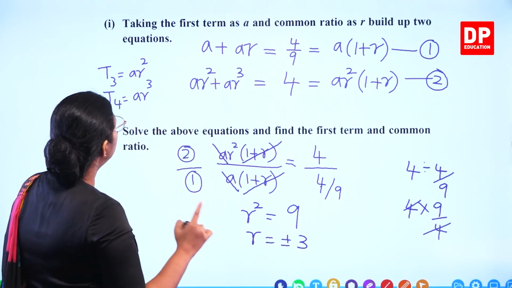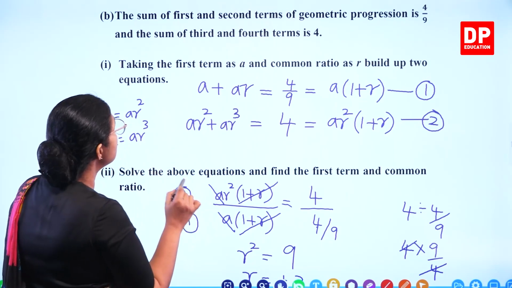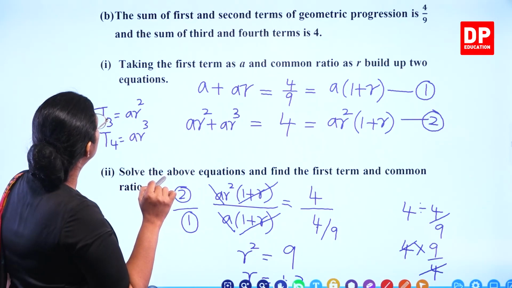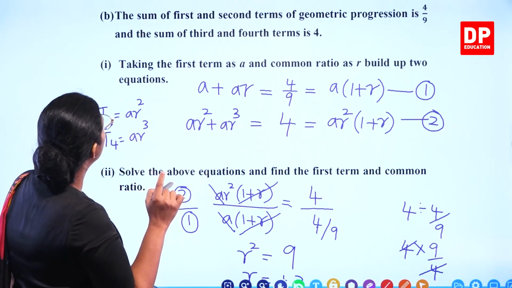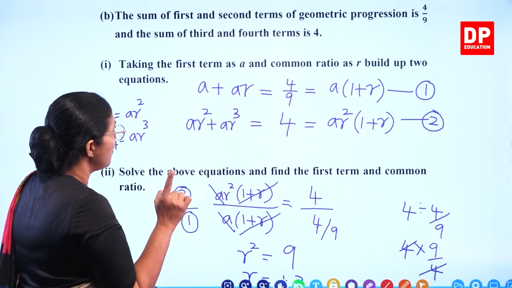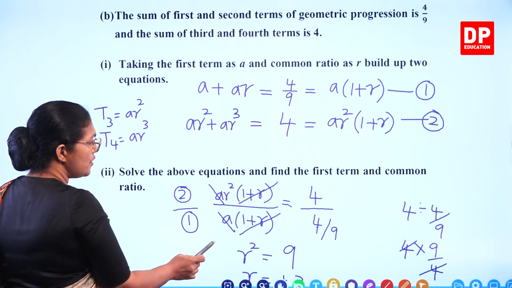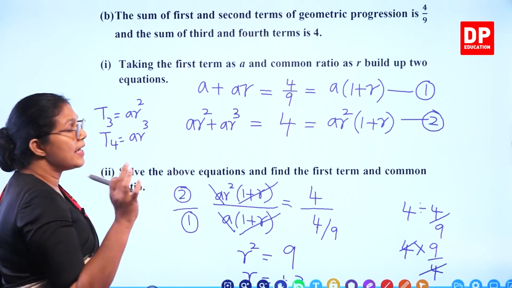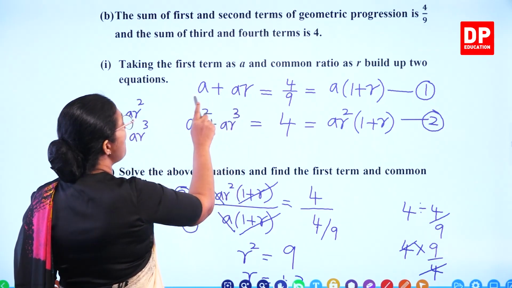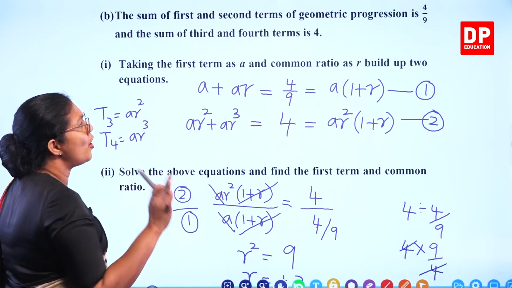So here they have not mentioned about a positive value of R, the sum of the first term and the second terms. Here you can get an idea from this one. So the ratio is 3, it's a bigger number. But what happens here? The sum of the first term and this one is a positive answer.